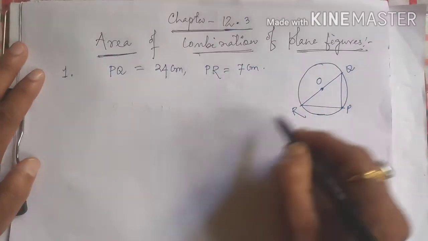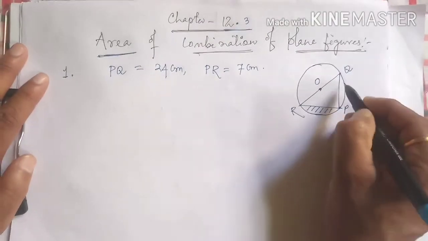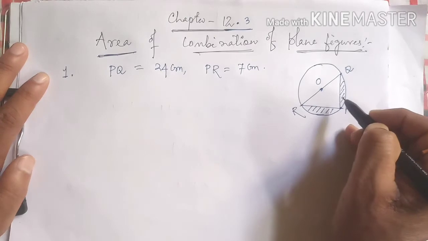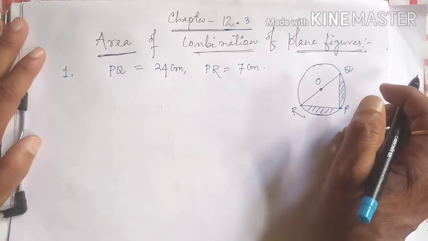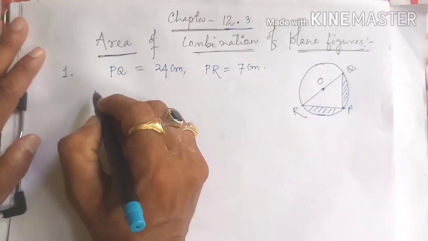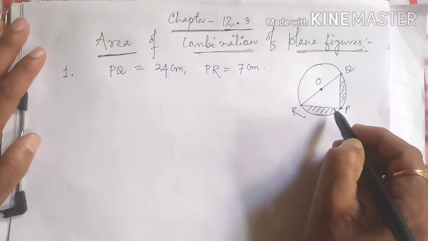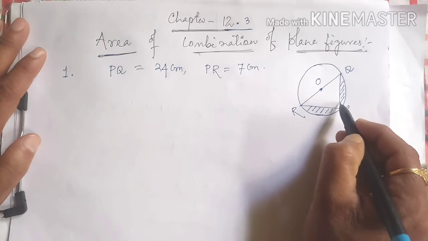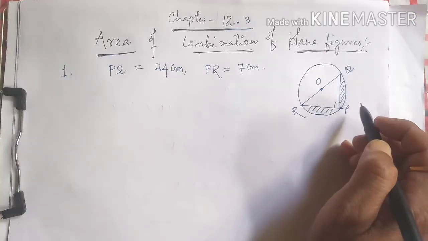In the figure, this part and this segment are the shaded region. So students, you should confirm that the shaded part is the excluded part from the semicircle and the triangle, and this triangle is a right angle triangle.